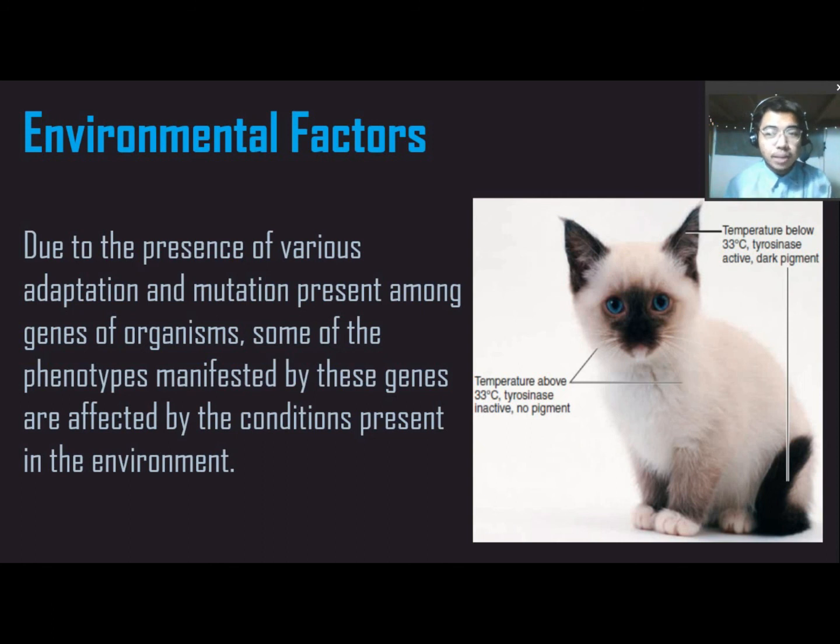If the temperature is above 33 degrees Celsius, no pigment would be present on the fur of the cat, or the tyrosinase would be inactive, which is the protein responsible for the production of the pigment on cats. Specifically on Siamese cats, okay? Then, if the temperature is below 33 degrees, the tyrosinase is active and dark pigment would be available.